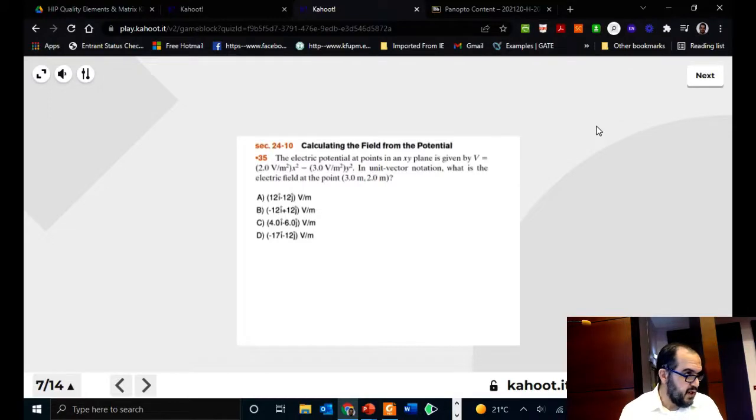Remember, the electric field along any direction is minus the derivative of the potential with respect to that direction. It's like Ex is minus the partial derivative of V with respect to x.